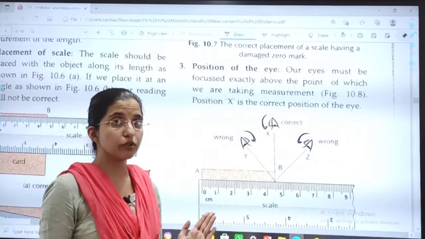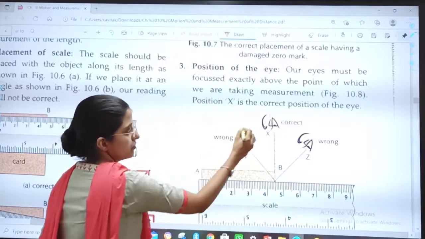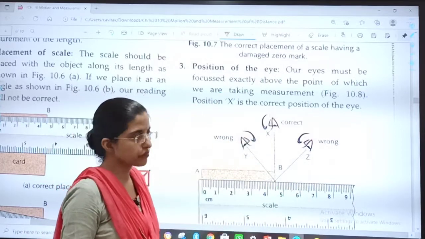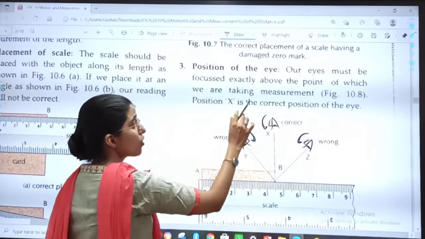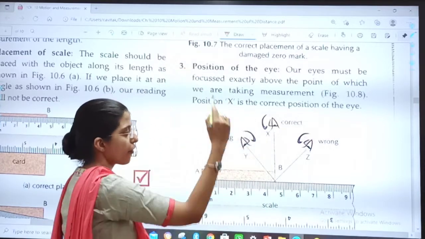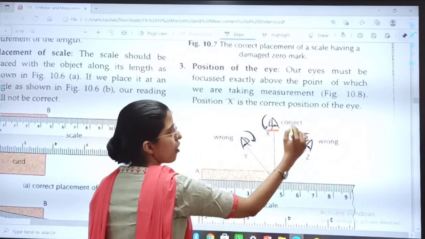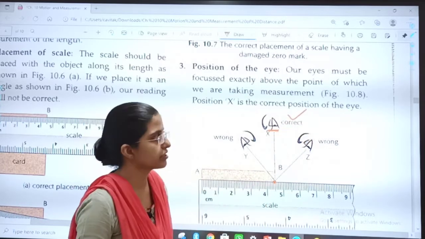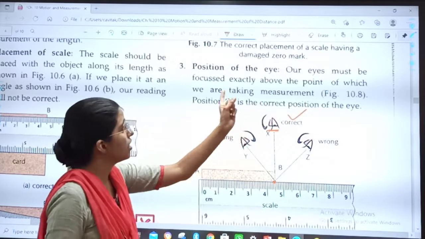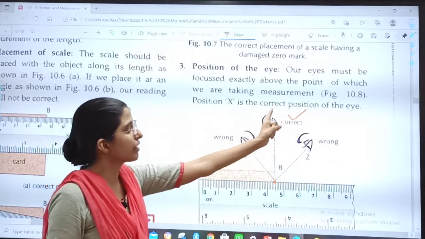Now, position of the eye, which is very important. Okay, where is our position? Now see, various positions are shown. Our eye must be focused exactly above the point. This is the point and our eye should be exactly above, and this one is the correct. Now, point X is the correct position.